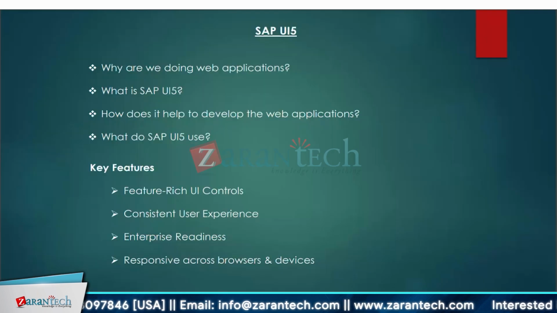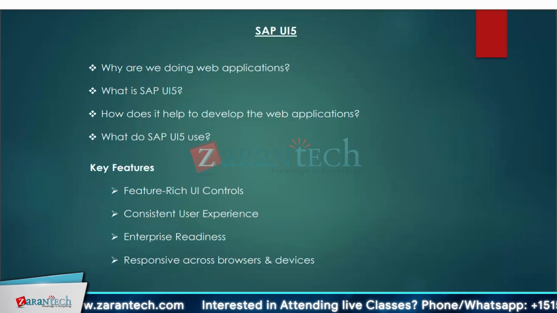Before starting, I would like to know a few things from you. Why are we developing web applications? You might be developing web applications using T-codes, right? In SAP GUI you navigate to SE80, create a program, expose it to T-codes, and it can be exposed on the internet through ITS.